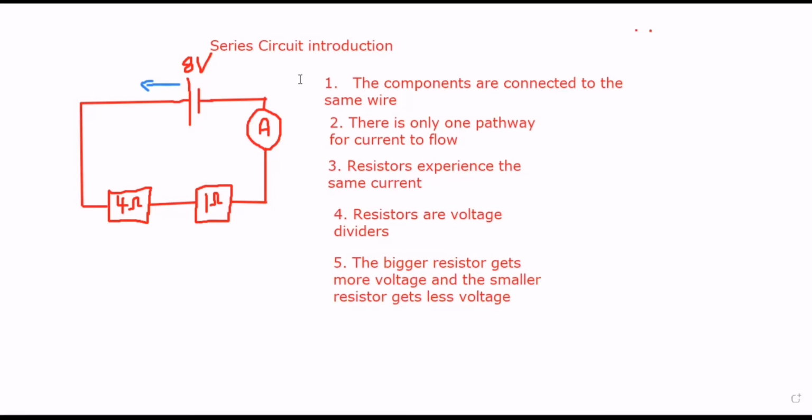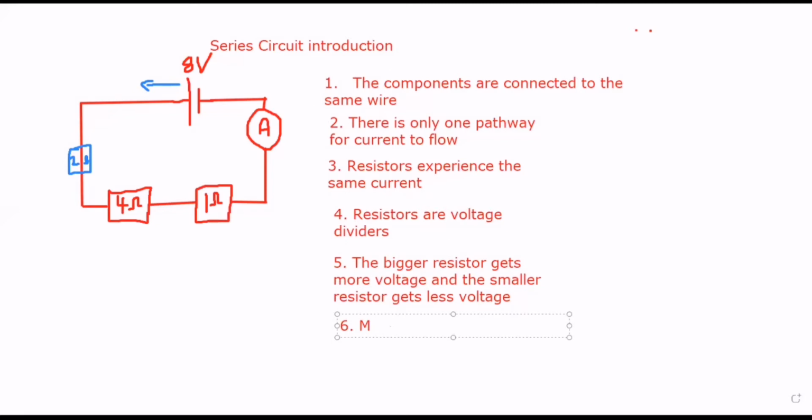Now the sixth characteristic talks about what will happen to the current if we increase the resistance. Now, remember the role of the resistor is to try and resist the flow of current. So when you add more resistors, you are actually decreasing the current strength. If maybe somewhere here, I was to put another resistor, maybe I call it the 2 ohm, this will increase the total resistance of the circuit. And if the total resistance of the circuit increases, the total current strength decreases.